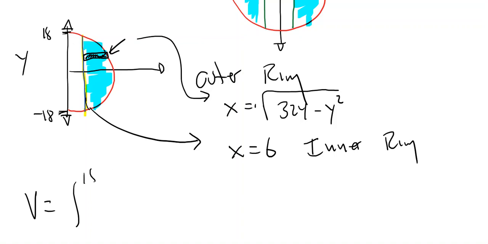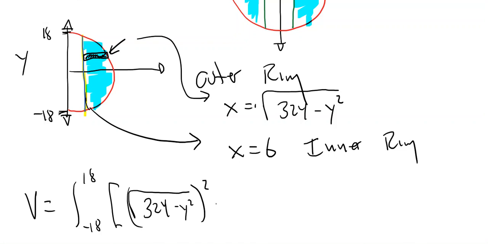And then we want the outer ring, the square root of 324 minus y squared, squared, minus the inner ring, 6 squared, all integrated with respect to y.